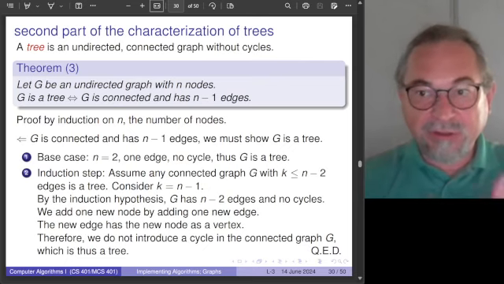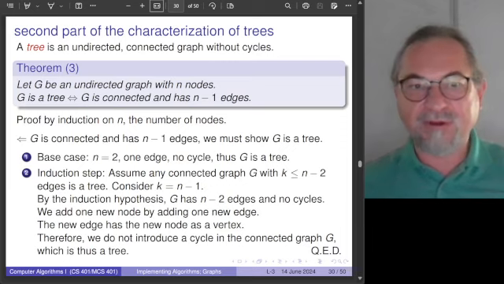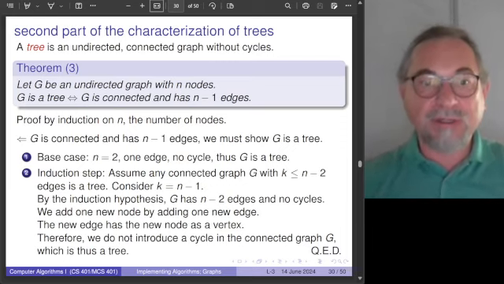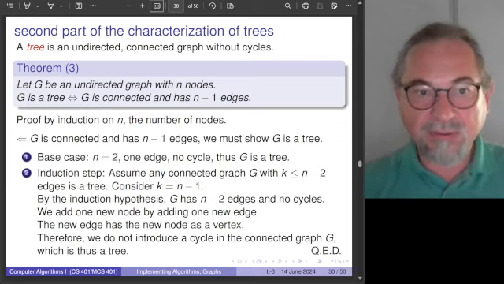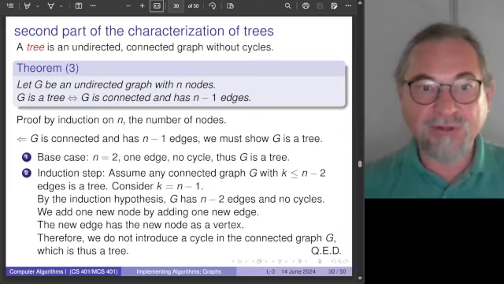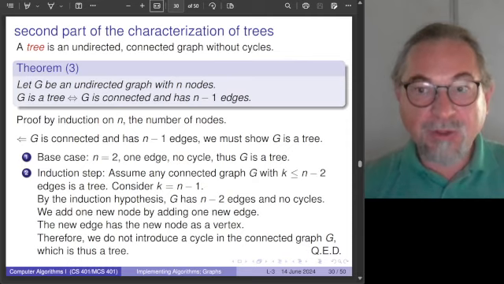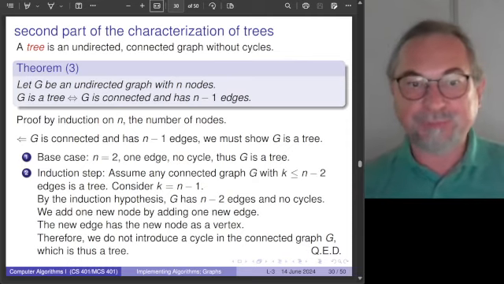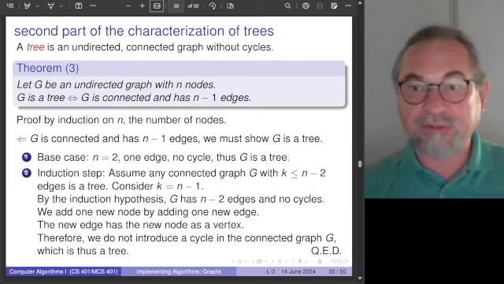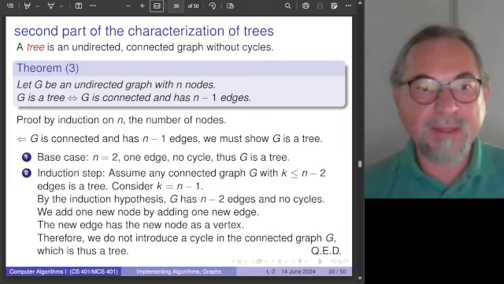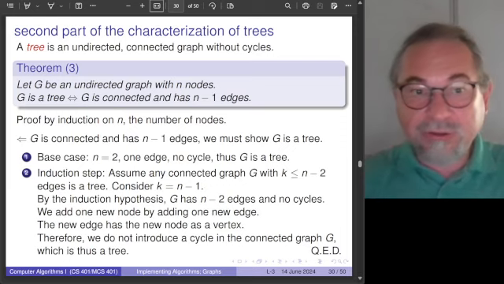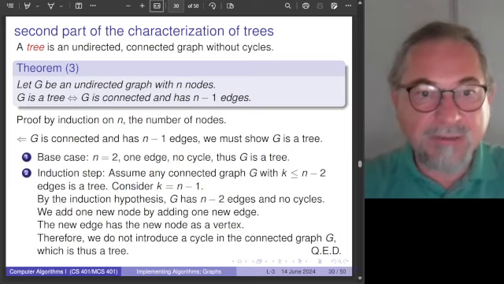In the induction technique, the initialization, if you like, when you run that technique as an algorithm, is the base case. So we consider two nodes, n minus 1 edges, no cycle, so you can have only one edge. So it is a tree. That went quick. In the technique of induction, we state our assumption.